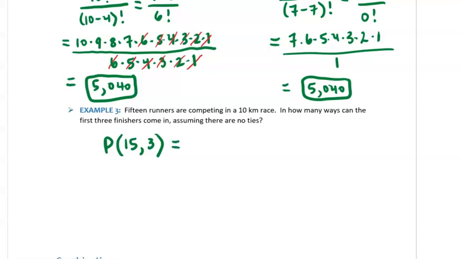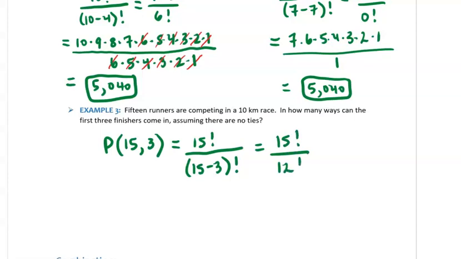According to the permutation formula, we would do 15 factorial divided by the quantity 15 minus 3 factorial. 15 minus 3 is 12. So when working on this calculation, we can write 15 factorial, so the product of the integers from 15 down through 1.